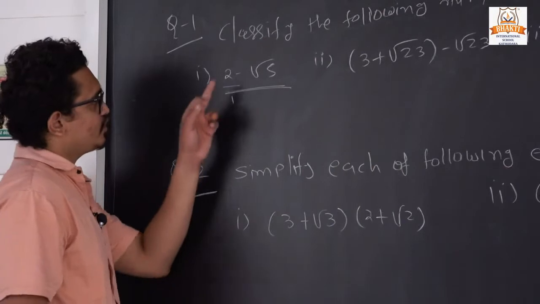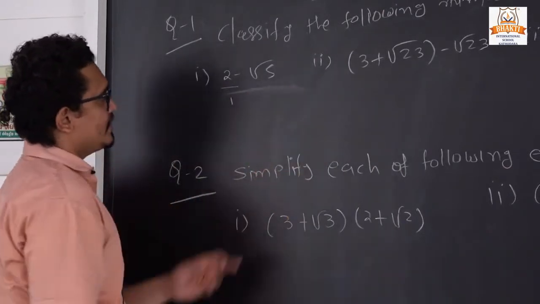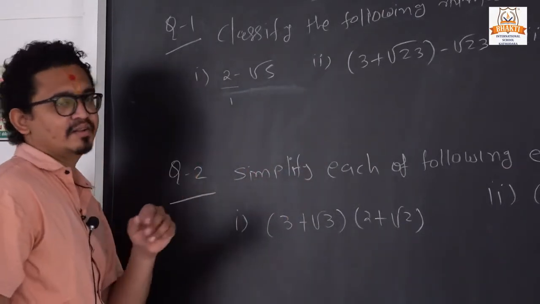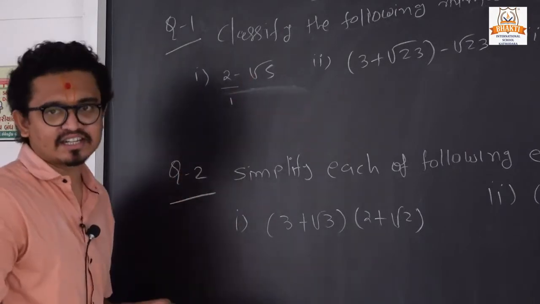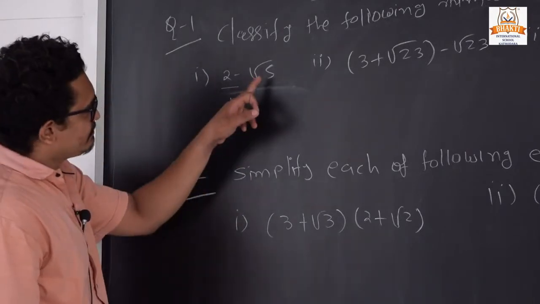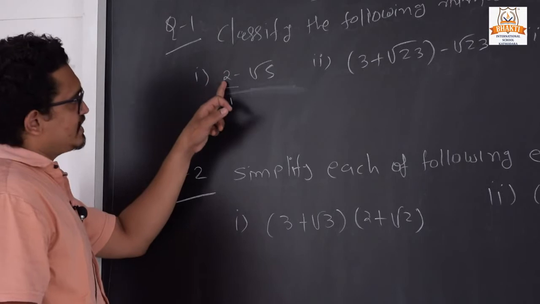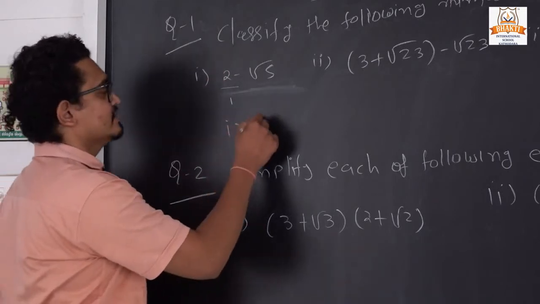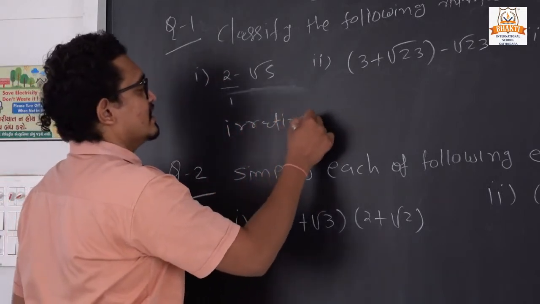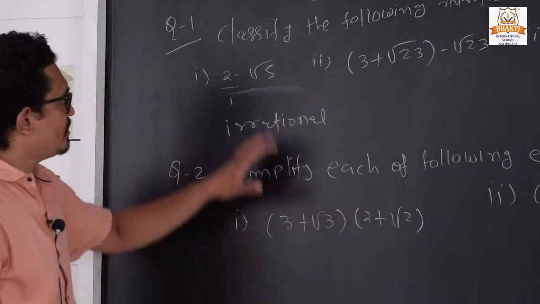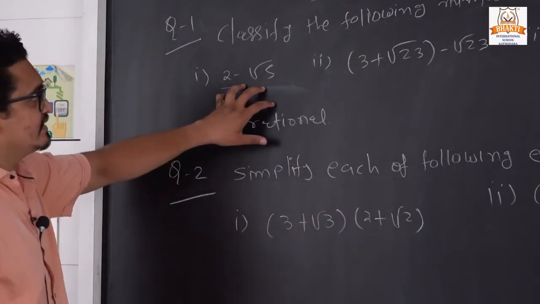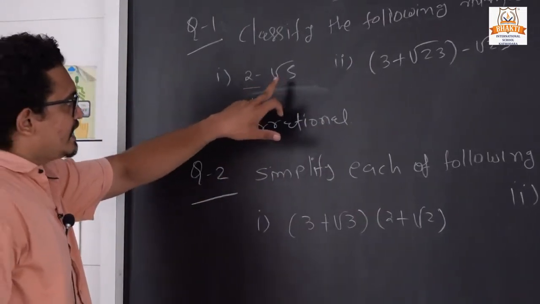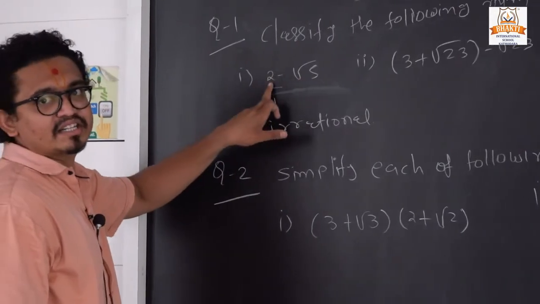It is rational. But root 5 is an irrational number. If we subtract an irrational number from a rational number, the answer is always irrational.